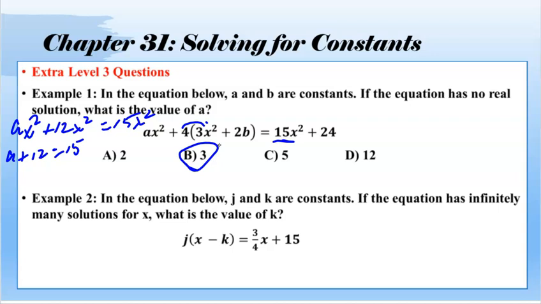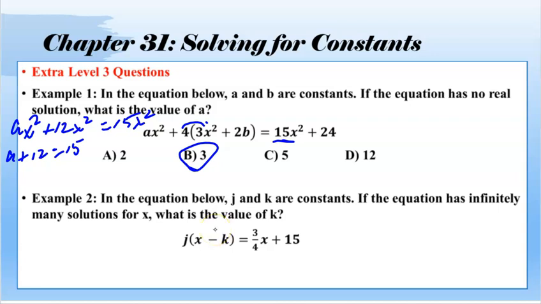Example 2, in the equation below, j and k are constants. If the equation has infinitely many solutions for x, what is the value of k? So if it's infinitely many, both sides are going to be the same equations. So if this side is 3/4 x plus 15, the other side has to be 3/4 x plus 15.